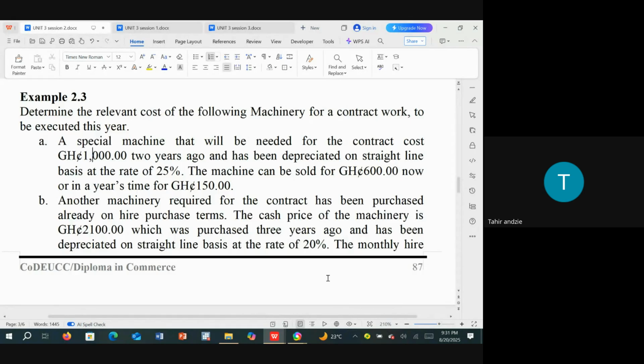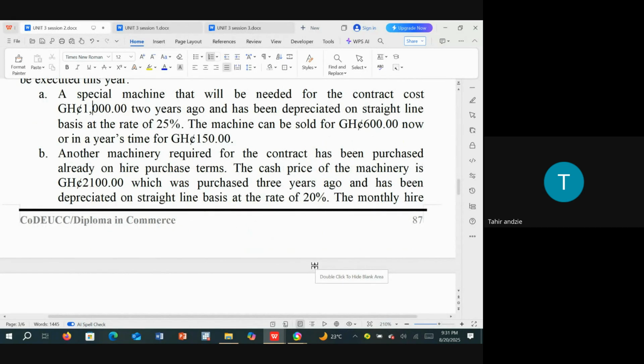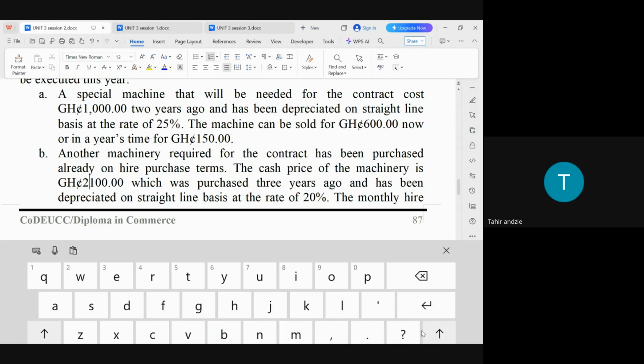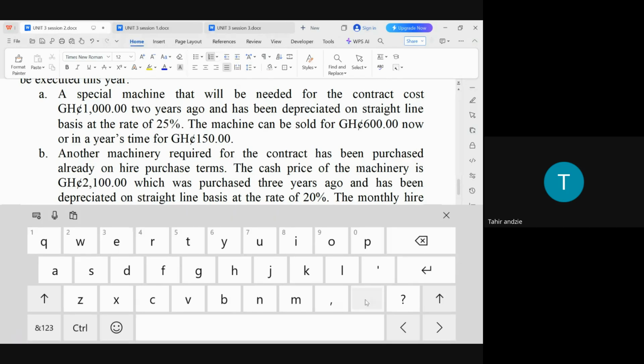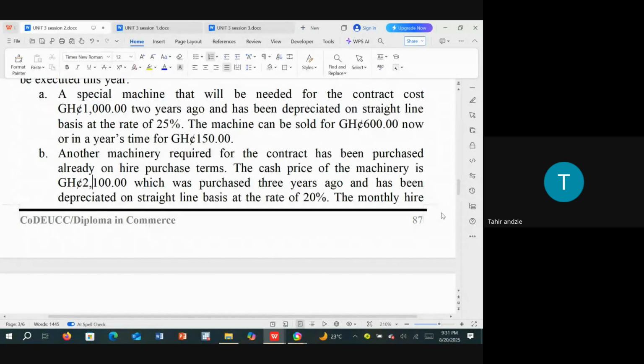The B says that another machinery required for the contract has been purchased already on hire purchase terms, and the cash price of the machine is 2,100, which was purchased 3 years ago and has been depreciated on straight line basis at the rate of 20%.